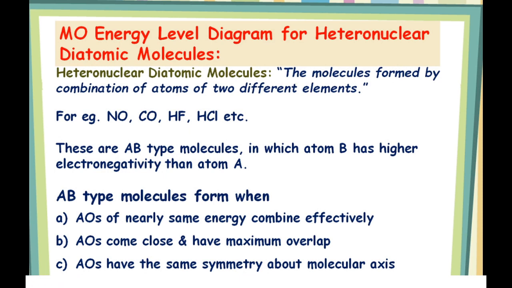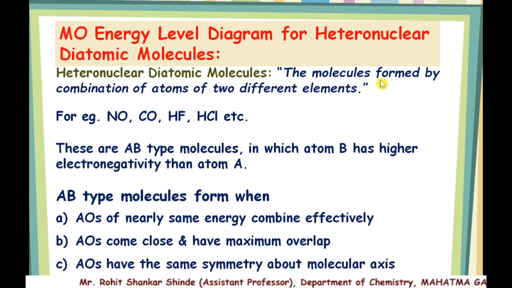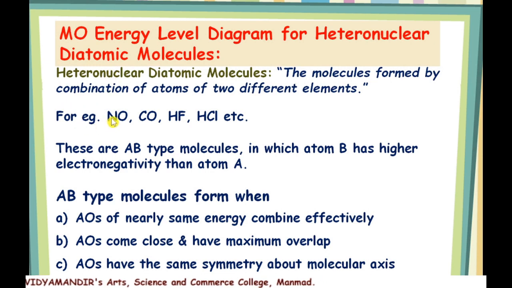Now let us see the molecular orbital energy level diagram for heteronuclear diatomic molecules. Heteronuclear diatomic molecules are the molecules formed by combination of atoms of two different elements. For example, nitric oxide, NO, carbon monoxide, CO, hydrogen fluoride, hydrogen chloride.